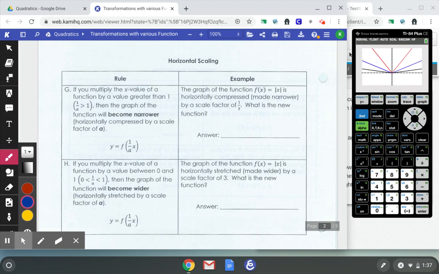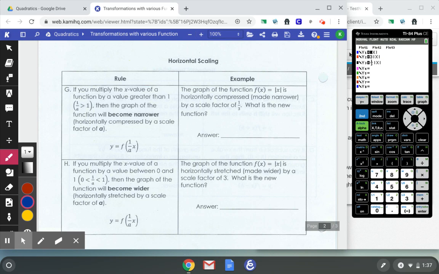Horizontal scaling means that we're going to multiply our actual x value by a number that is greater than 1 or by a number that is in between 0 and 1. And we're going to see what happens.